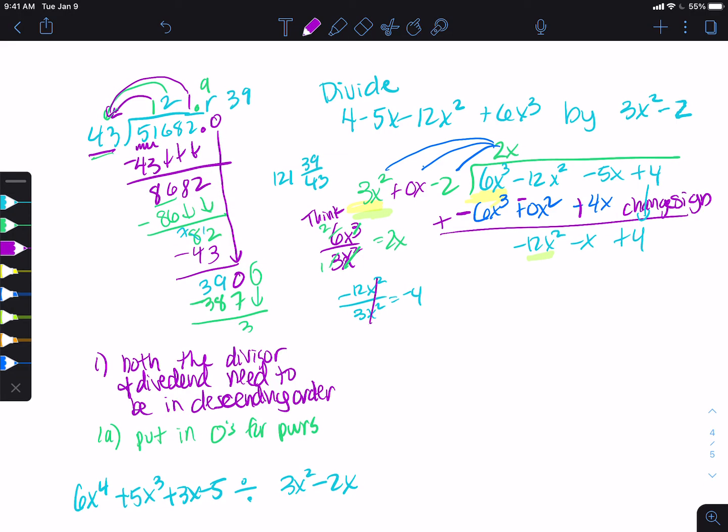So then I get negative 4 up here, and I'm going to multiply to all 3 parts, or 2 parts, depending on how you're doing it. So then I do negative 4 times 3x squared is negative 12x squared, excuse me. And then negative 4 times 0x is 0x, technically negative 0x. And then negative 4 times negative 2 is a negative 8.